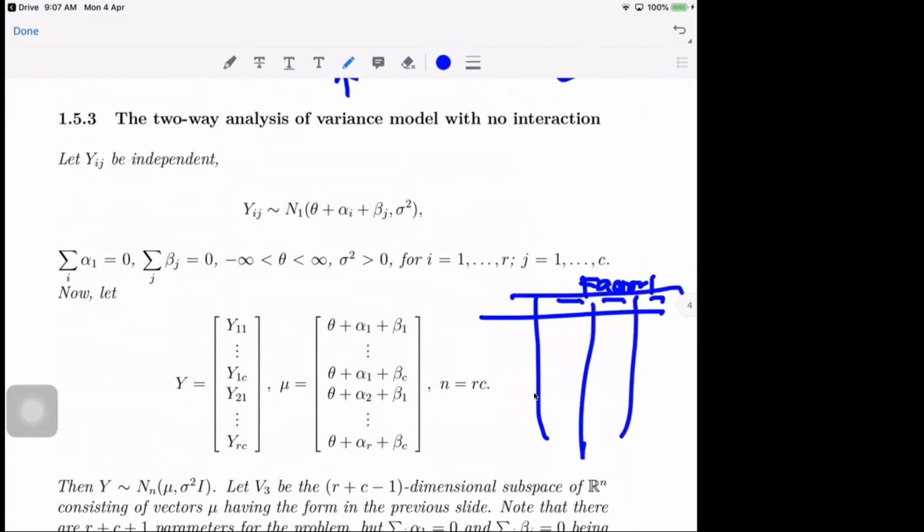And then you have factor 2, and it has its corresponding levels. So with no interaction, you can have entries, or you can have replicates in each of the levels and factors. Or it can be single.